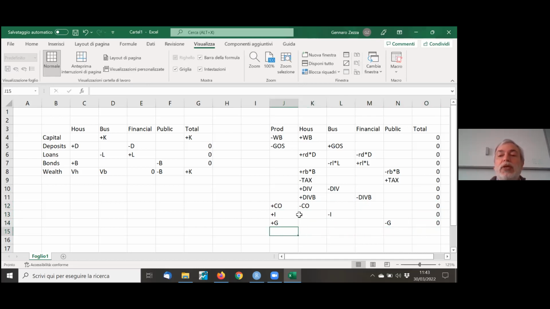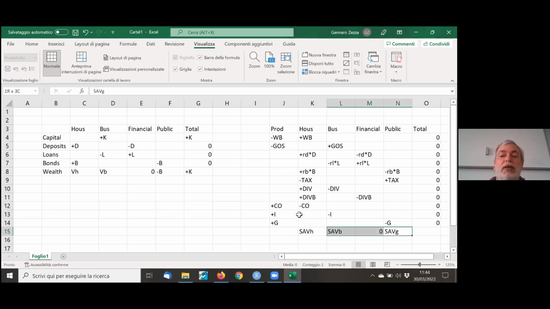And this should lead to the net lending of each sector. So the sum of the first column now should be 0. Here we will have saving of the household sectors. Let's call this save H, save business. This is 0, and this is saving of the government.